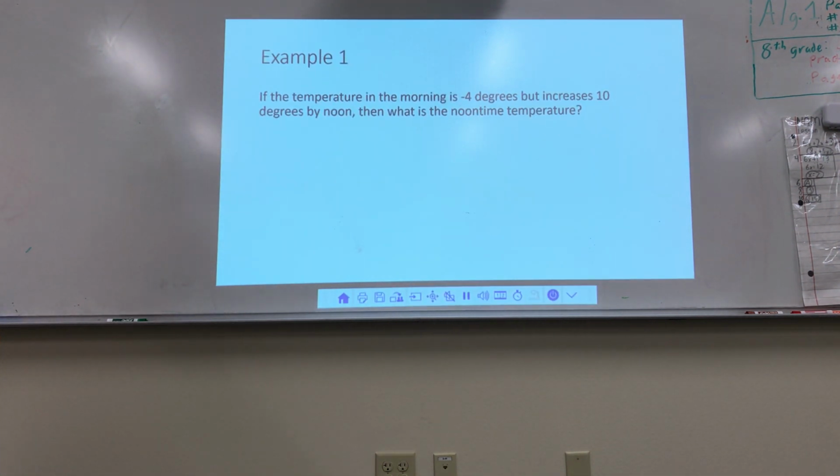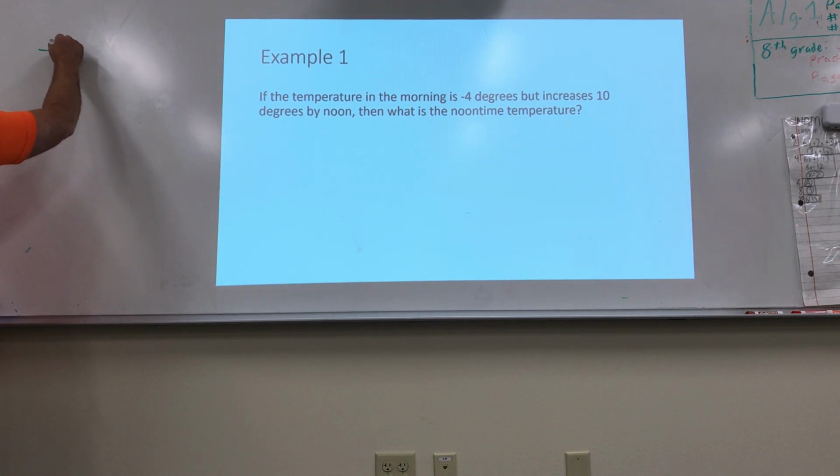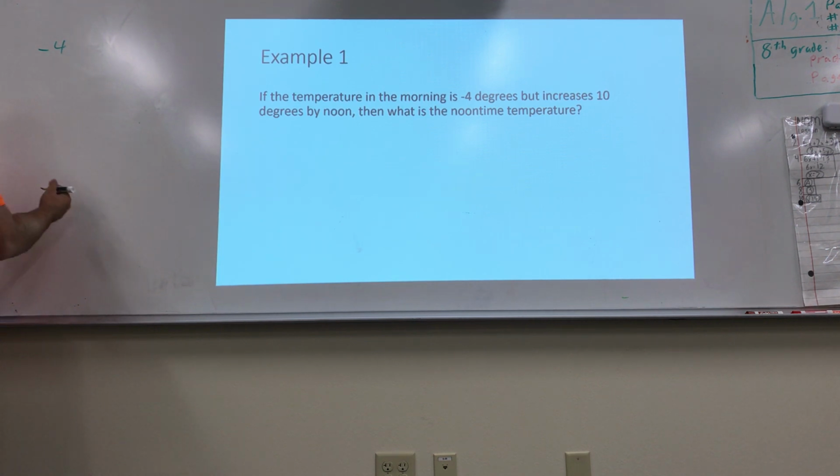Example 1: if the temperature in the morning is -4 degrees but increases 10 degrees by noon, then what is the noontime temperature? Well, we're starting at -4 and we're going to add, because we're increasing, by 10.